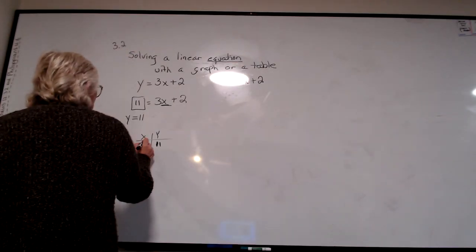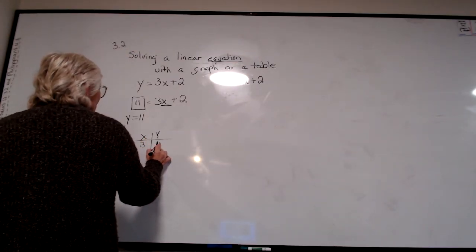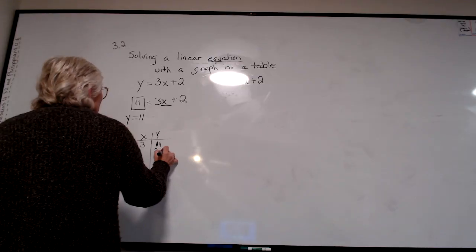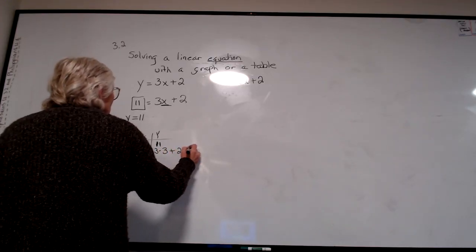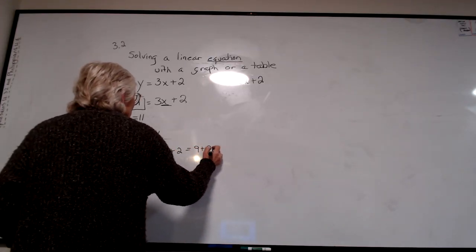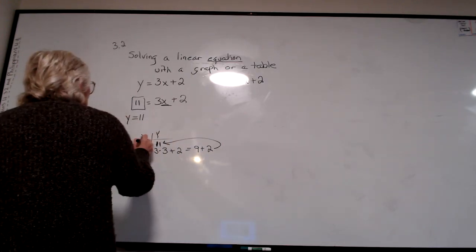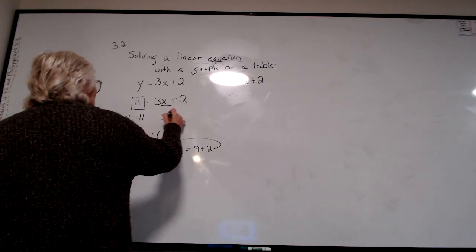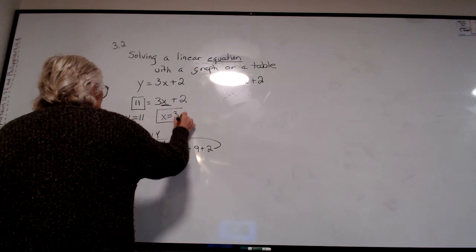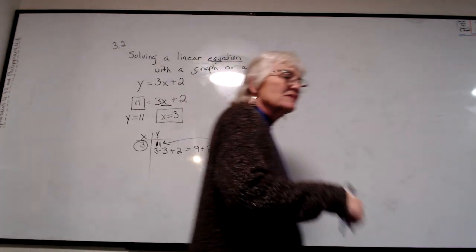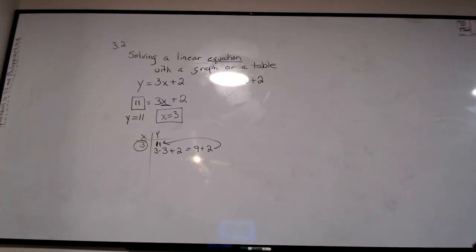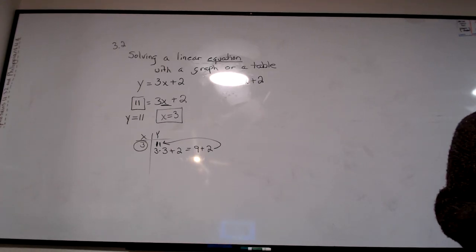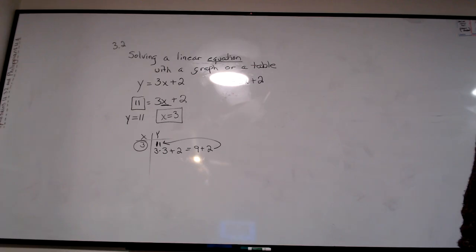If I made x 3, that would be 3 times 3 plus 2, which is 9 plus 2, which is 11. So my answer to this is x has to be 3. It's the one that makes a true statement. Is there any other x that will make it 11? No, there's only one answer here.